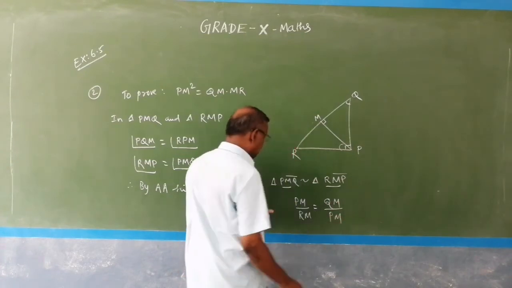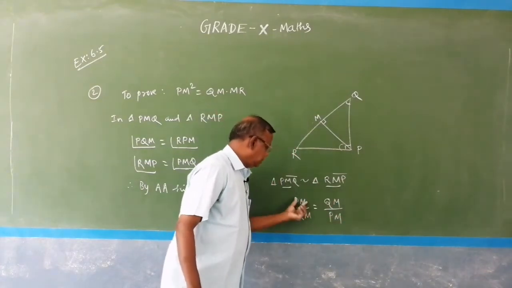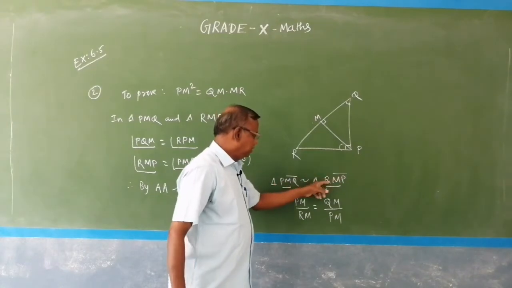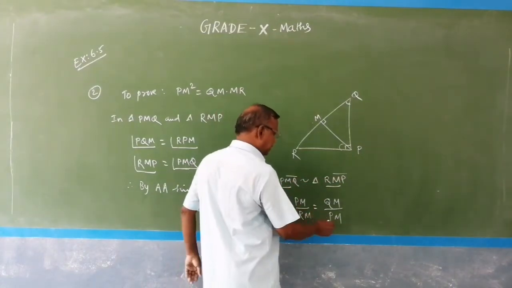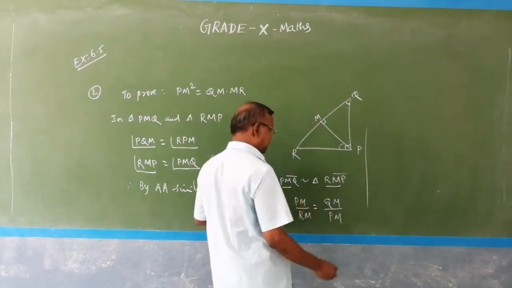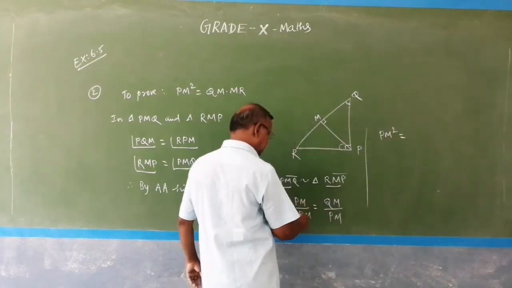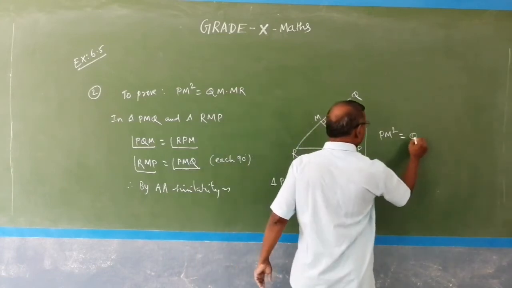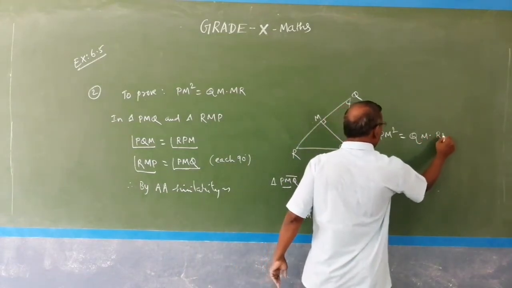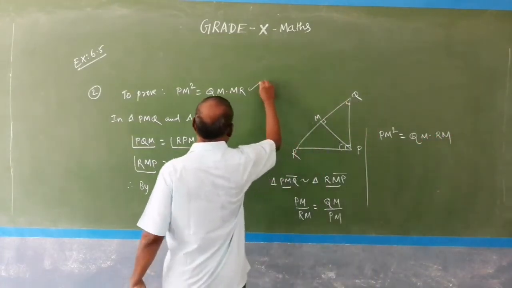By cross multiplication we have PM square equal to QM into RM. So, that is what we have to prove.